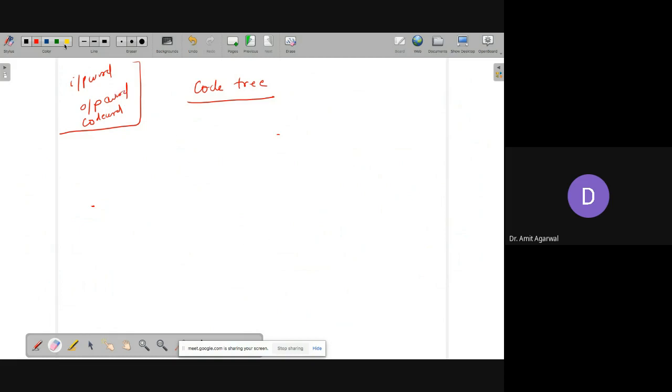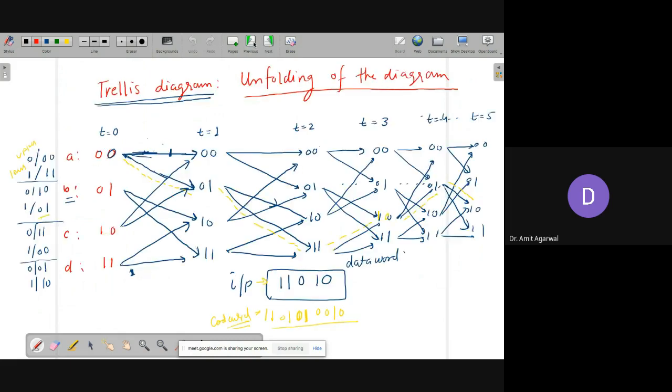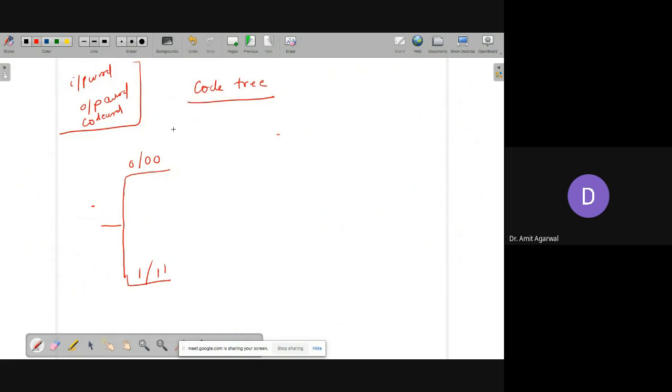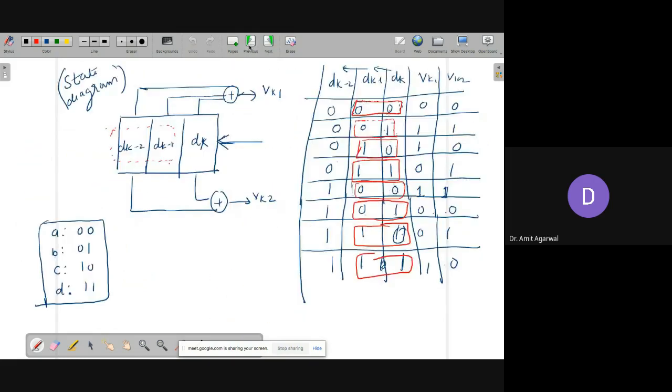So in code tree representation, we start with this. 0 comes, the output is 0 0. 1 comes, the output is 1 1. Again, your current state is now 0, your input is 0.